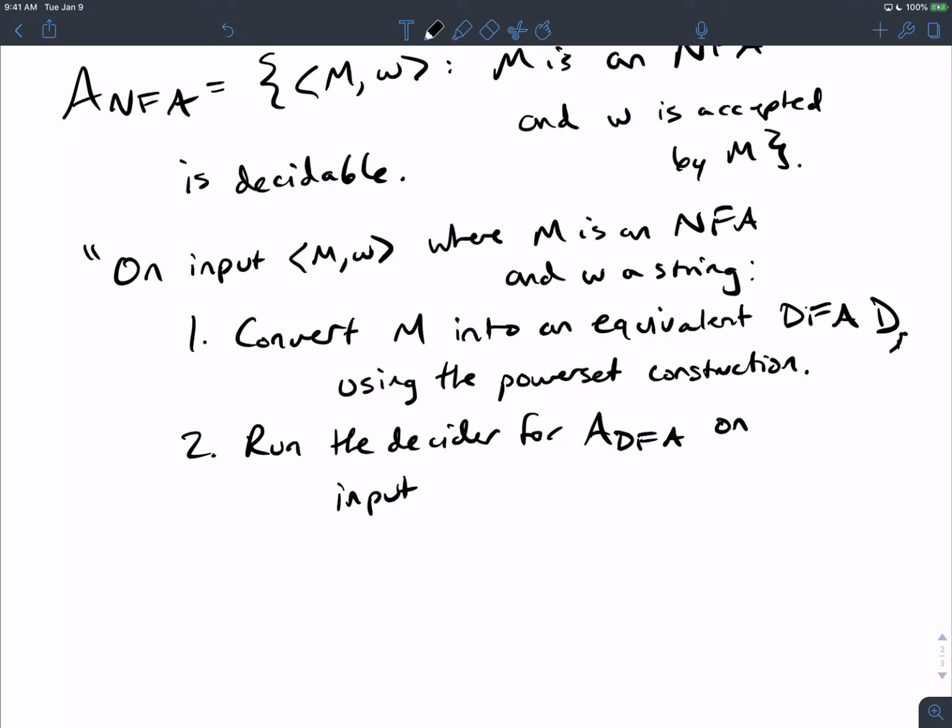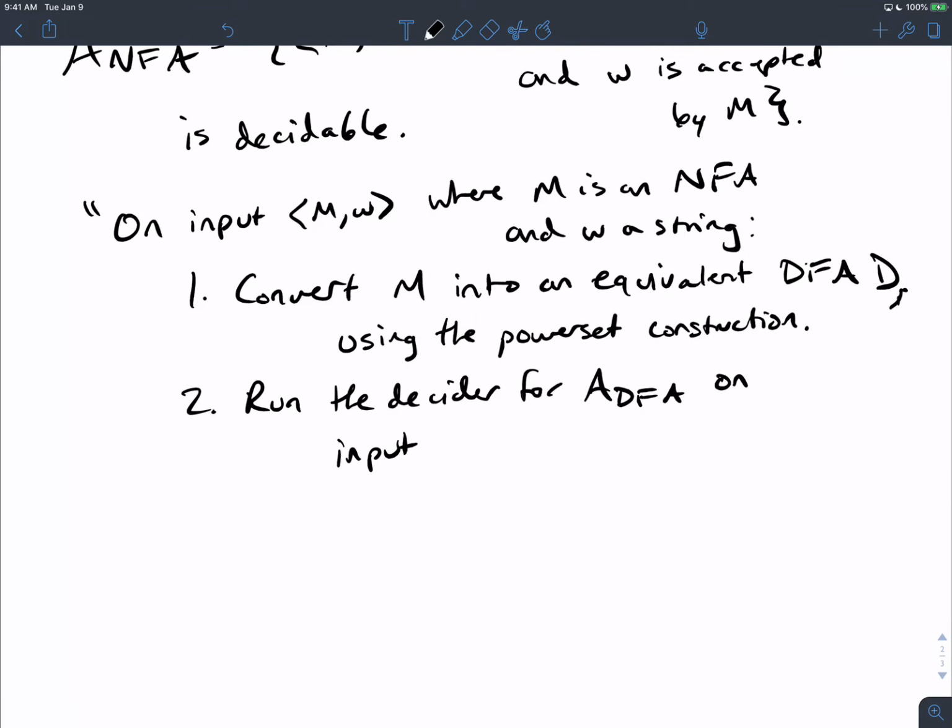Okay, well, this may seem kind of simple, but what input are we going to give to the ADFA decider? Well, we got to give it a DFA and an input, right? So what is the DFA that we're going to give? The D in this case. And what is the input that we're going to give? W. Does that sound kind of silly, why I asked that?